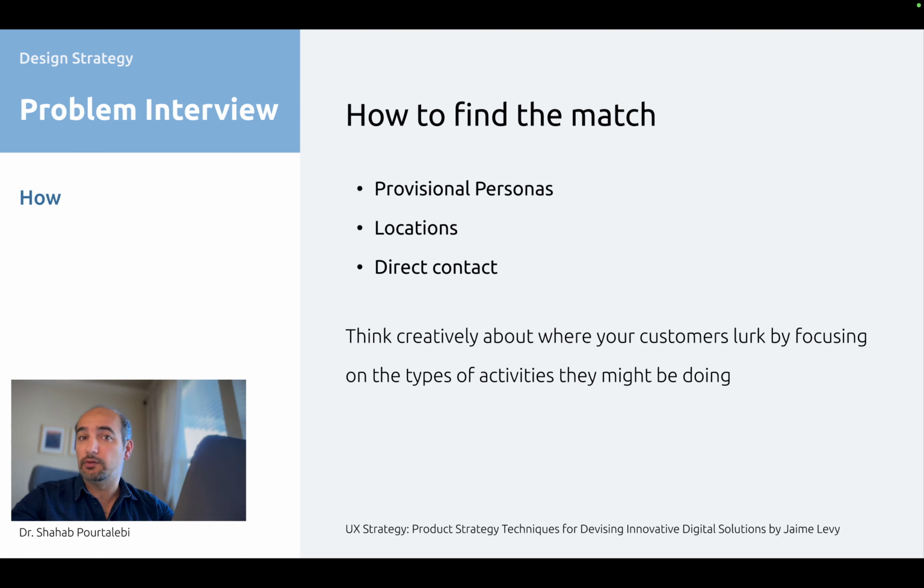Another thing is where to find them. An example: I'm designing an app for parents of kids 7 to 10 years old, some kind of psychological, emotional application. So I'm designing for this group.